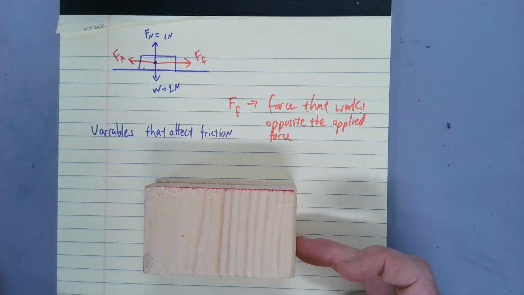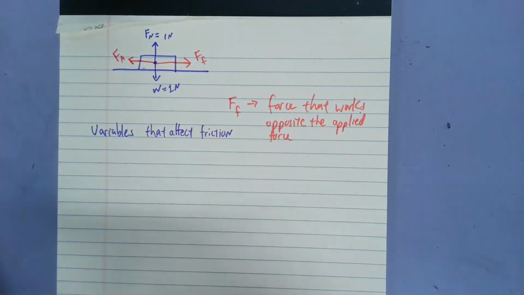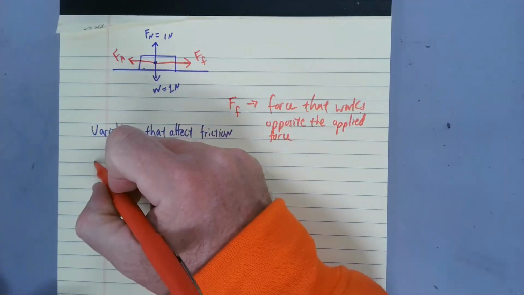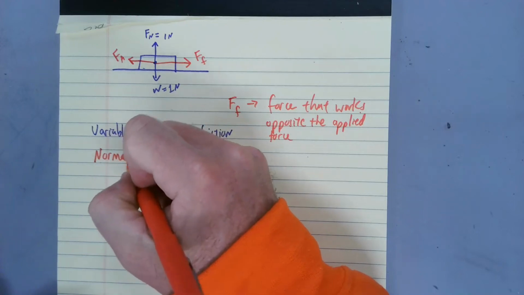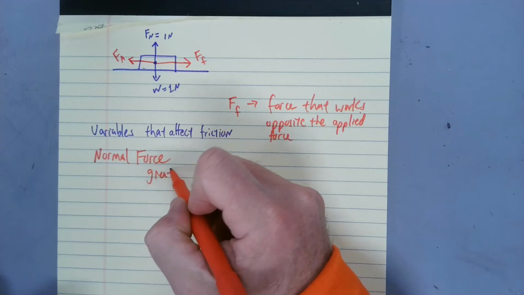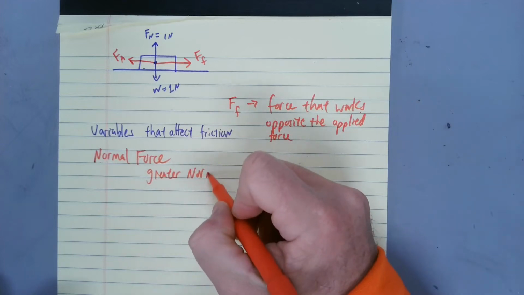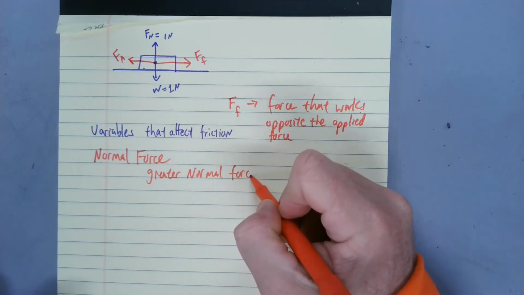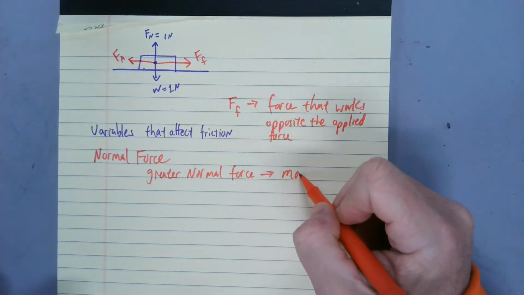That's the contact force. Friction is a contact force, and it's directly related or affected by the normal force. Okay. Greater the normal force, more frictional force.